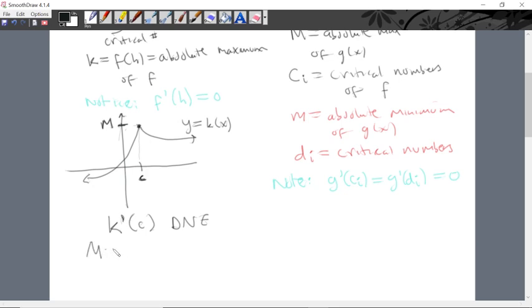We have m, which is k of c, an absolute max of the function k, and c is a critical number of the function k as well, but we'll notice, of course, the derivative at c in fact doesn't exist.